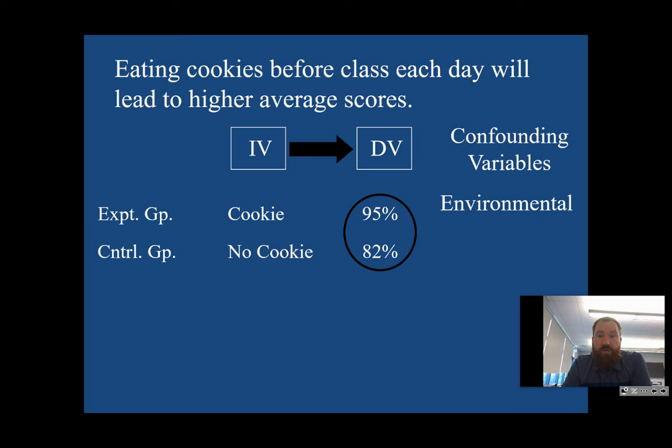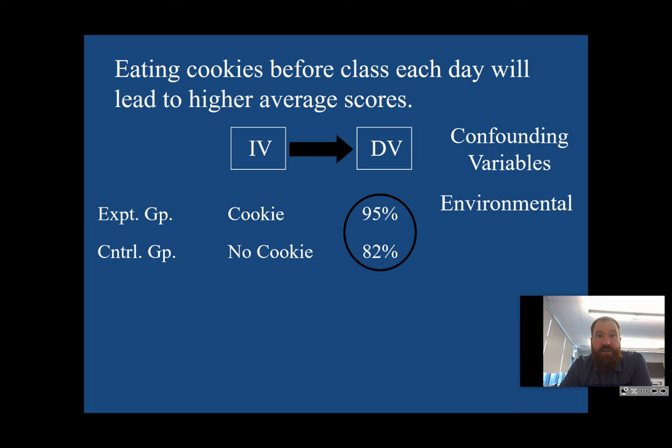So in order to try to correct for those, we want to make sure that both conditions, both groups, are in similar environmental conditions. If one group meets in the classroom, the other should meet in the classroom. If one group meets in the morning, then the other group should meet in the morning. There shouldn't be long distances or differences or time changes or anything like that between the two groups.